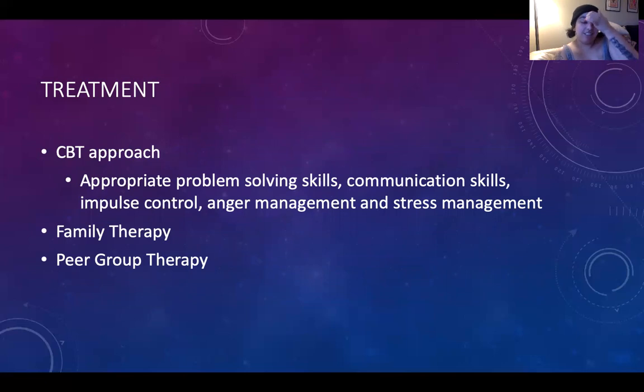Okay, treatment for adjustment disorder. Like most things, I think a CBT approach is going to be the most appropriate, and in links to adjustment disorder, it is found to be most beneficial because it contains multitudes.